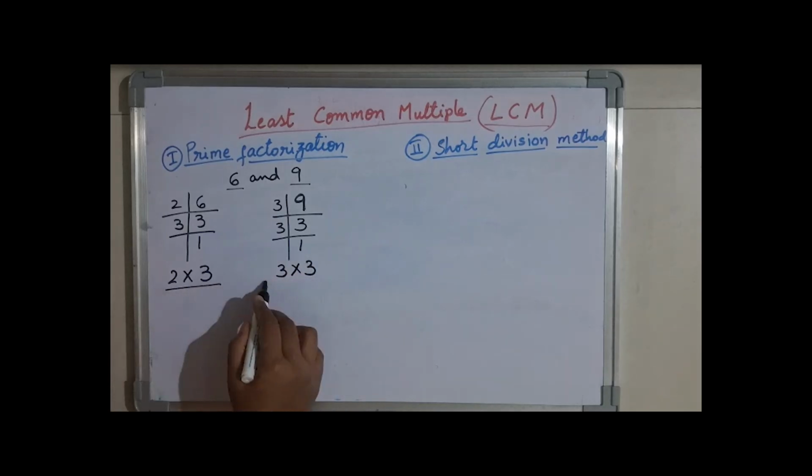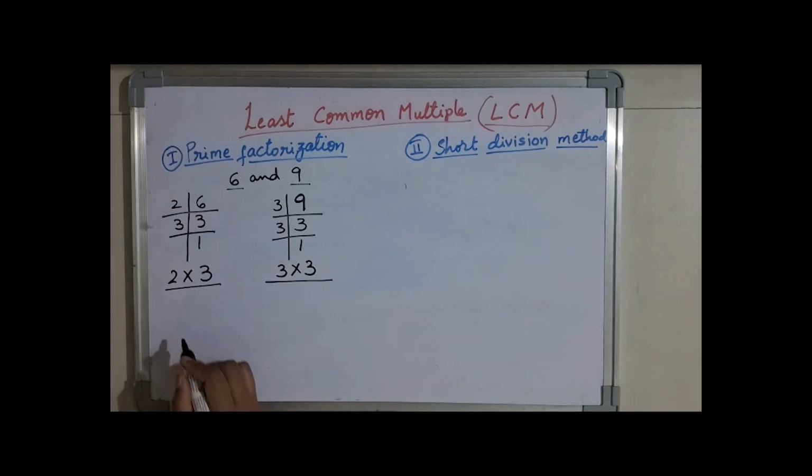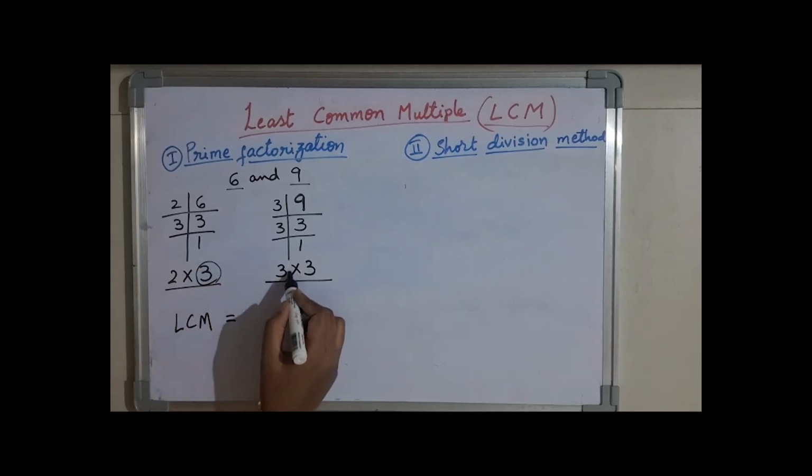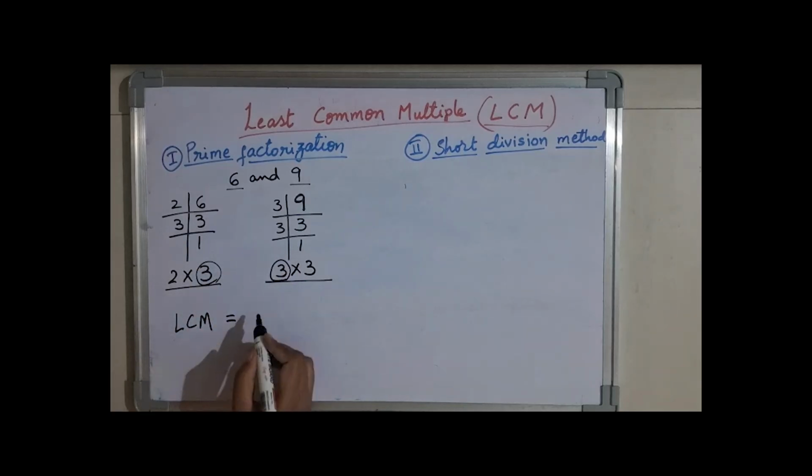Now after getting the prime factorization of both the numbers, the LCM will be found in two steps, children. First, whatever is common in these prime factors, you write that first.